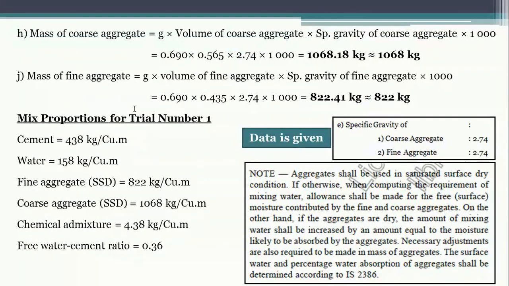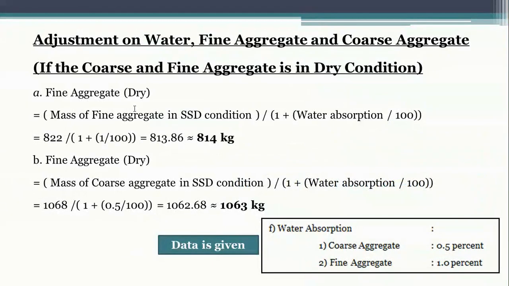So you can see how the values have decreased. SSD condition means saturated surface dry, so there will be some water content present in the fine aggregate. Similarly, in coarse aggregate also, in SSD condition there will be some amount of water present. But if you take it in a dry condition, 822 is reduced to 814, and 1068 is reduced to 1063 kg. Since it is in dry condition, the volume of water present in it has decreased.